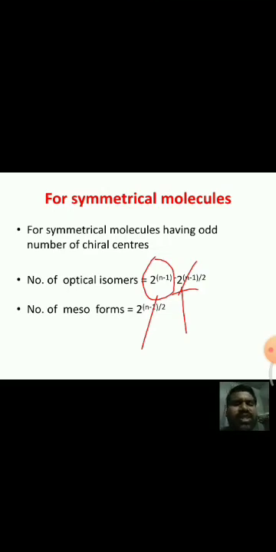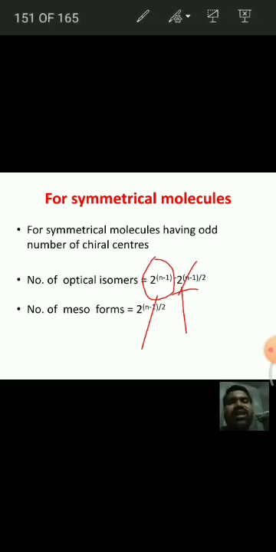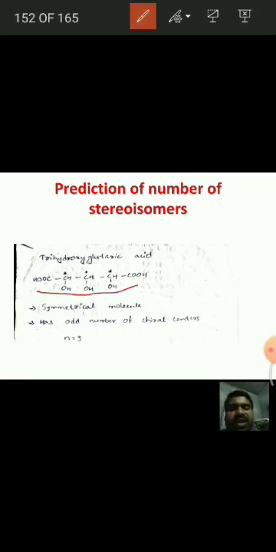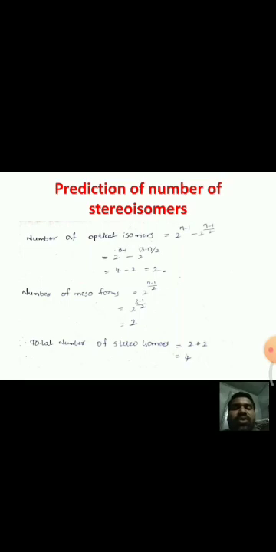That means by using these types of formulas, we can calculate or predict the number of stereoisomers possible. For example, see here, this is the molecule trihydroxyglutaric acid. This molecule is a symmetrical molecule having an odd number of chiral centers. Then for this molecule, we can calculate by using the formulas.